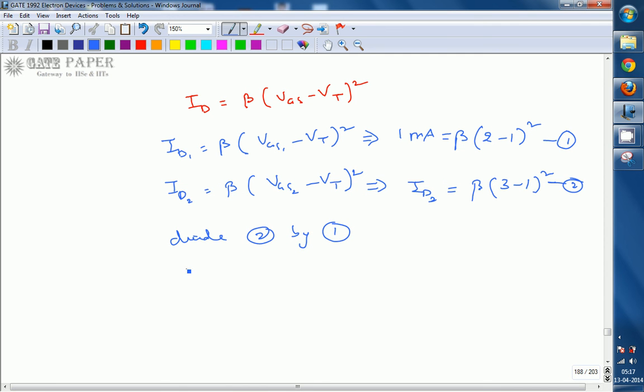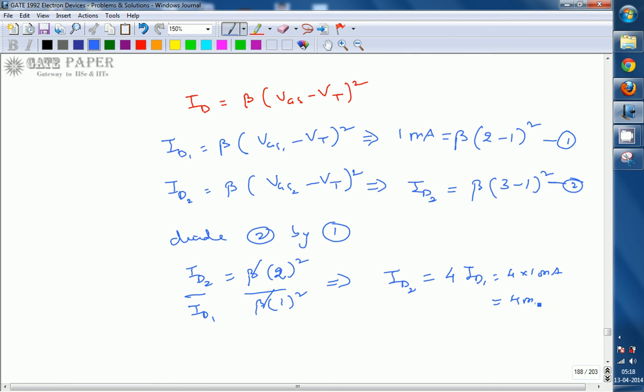ID2 over ID1 is beta times 2 square divided by beta times 1 square. Beta gets canceled, and 2 square is 4, so ID2 is 4 times ID1, that is 4 times 1 milliampere, which is 4 milliamperes.